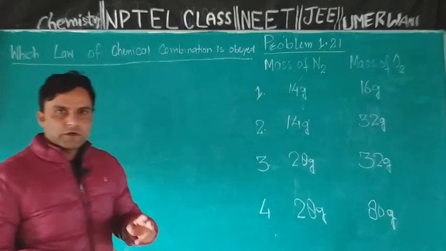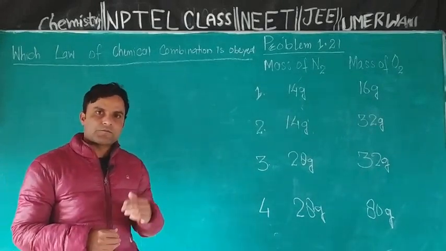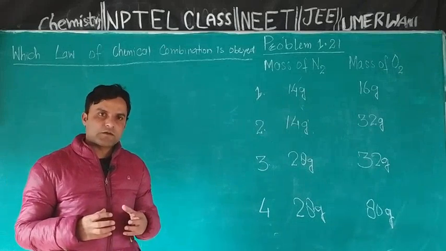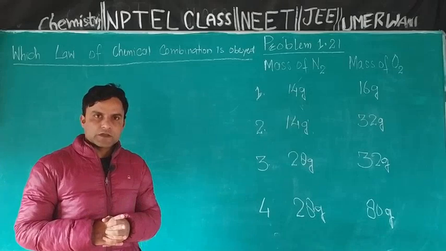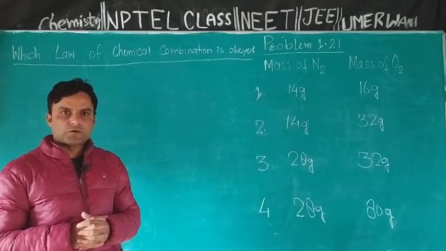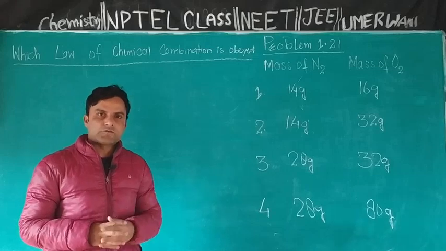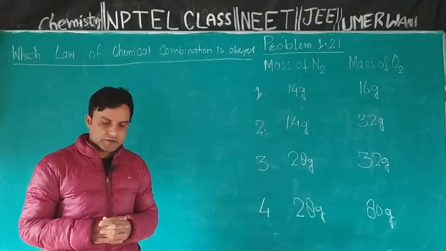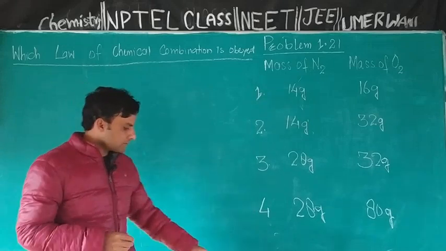It says when 2 elements combine separately with a fixed mass of a third element, then the ratio of masses in which they do so is either the same or a multiple of the masses in which they combine with each other. And last is the law of gaseous volumes, that in a gaseous reaction there is a definite relation between volumes of gaseous reactants and products. These are the 5 laws of chemical combination.